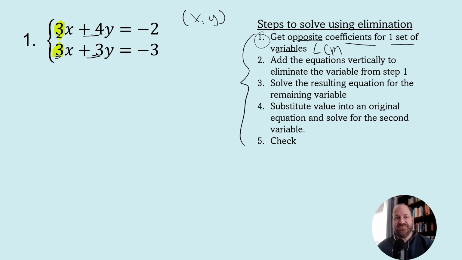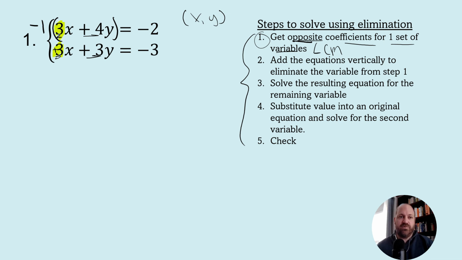We just need to make them opposite signs. How do we do that? I can multiply by -1. If I multiply the entire left side by -1, it's going to change that sign from +3 to -3, and I've got opposite coefficients, right? This is +3, that's going to be -3.